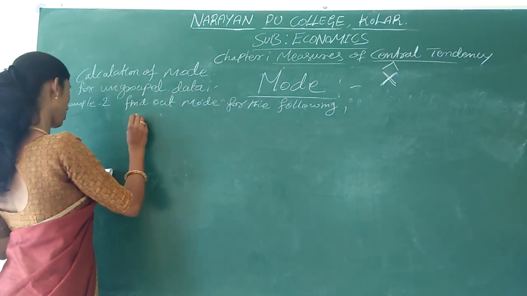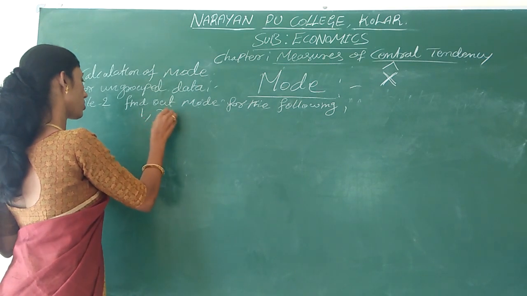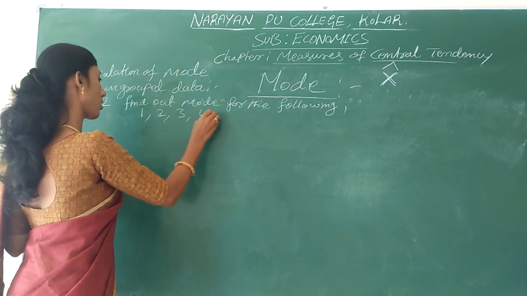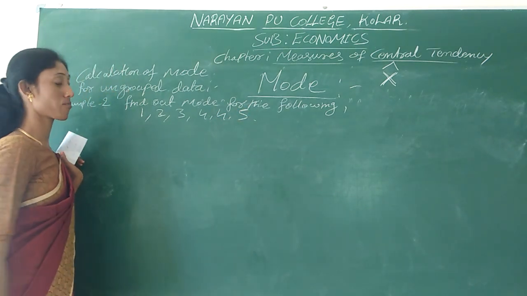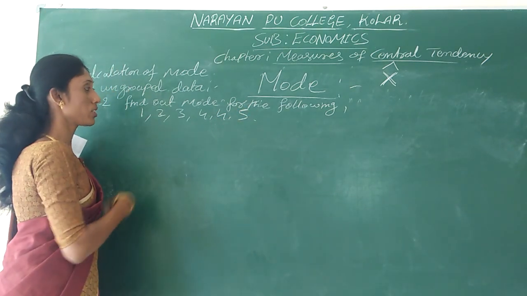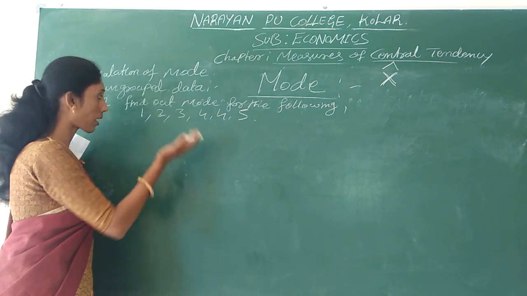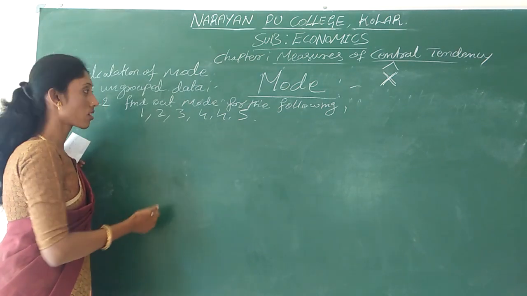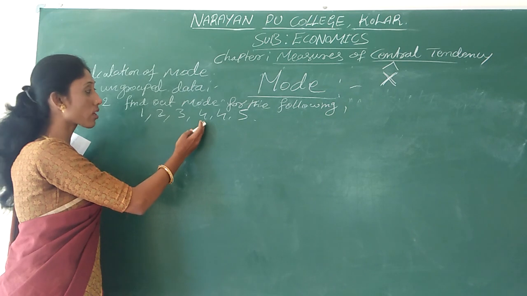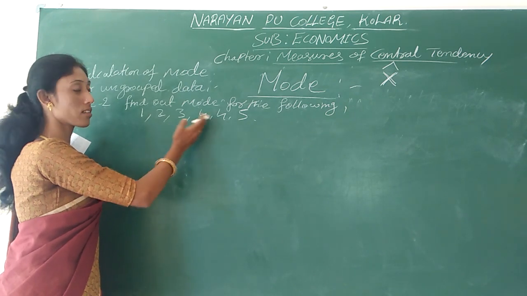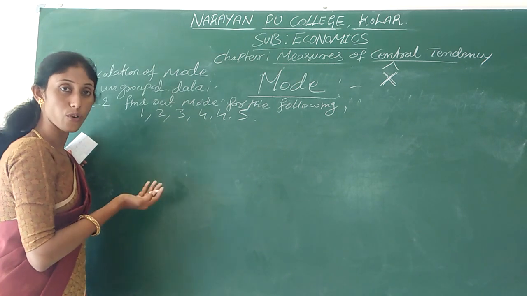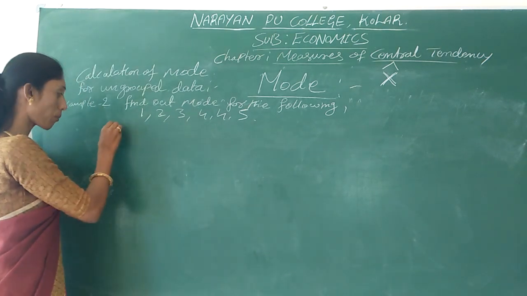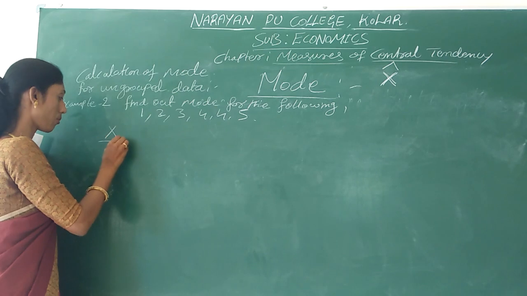Take down 1, 2, 3, 4, 5. Easily we can say in this data which values appeared more number of times compared to other values? 4. The value 4 has appeared 2 times compared to other values in the data, right? Then mode is 4. Or else we can go in proper order, that is observations.